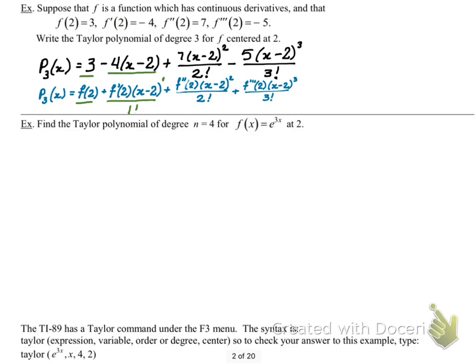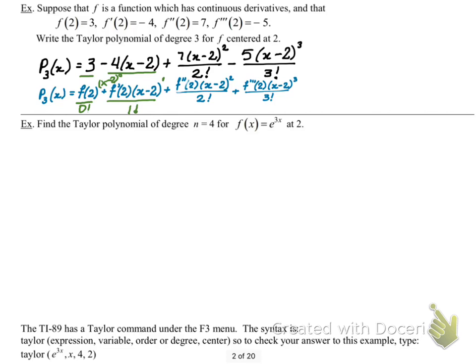So if we were to look back at the first one, you can see that that is times x minus 2 to the 0th, all over 0 factorial. For those of you who don't know, 0 factorial is just 1.